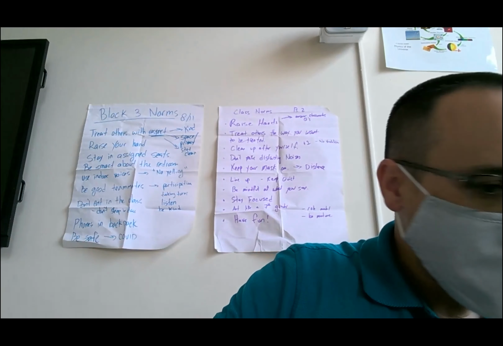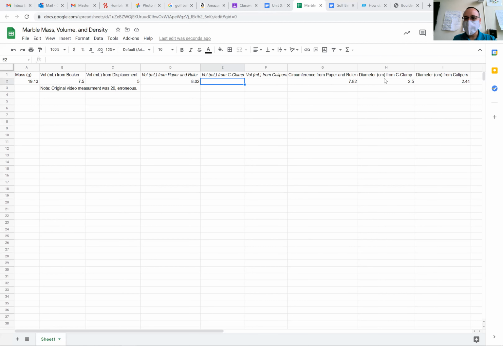For our diameter, we got 2.5 centimeters. And this is actually going to make for very easy calculations.